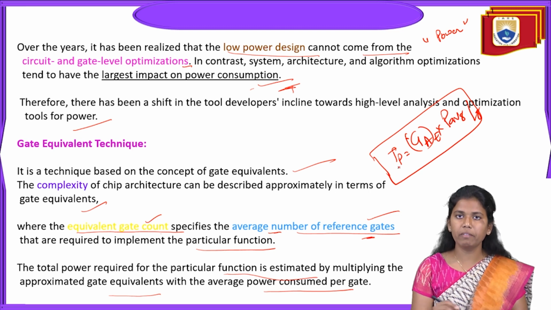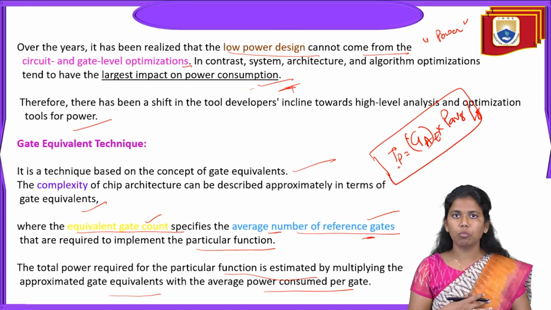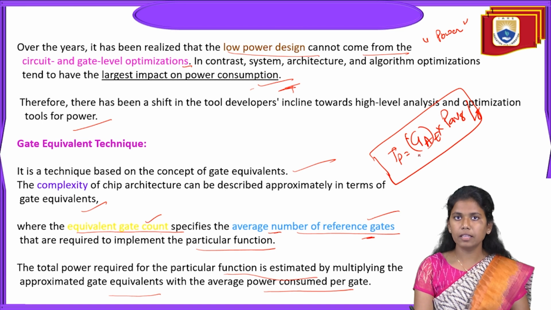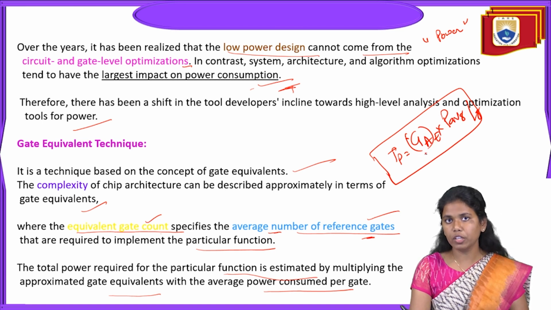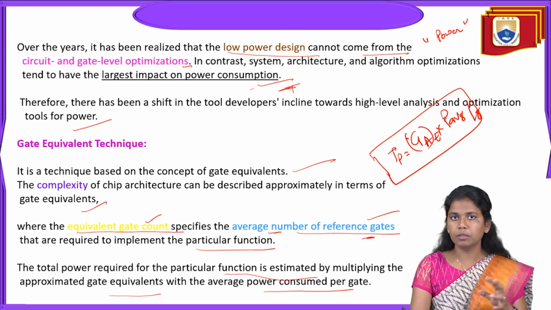So here the total power consumption based on the gate equivalent is the product of the equivalent of average gates along with the average power per gate.